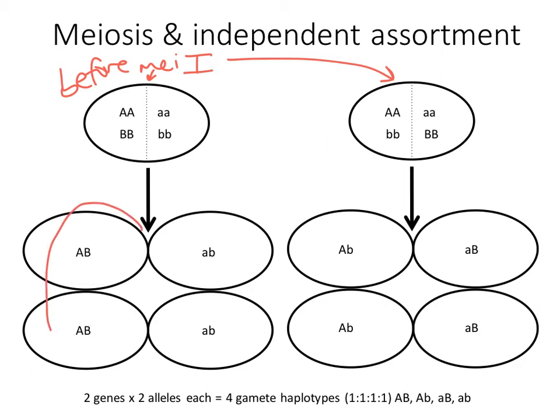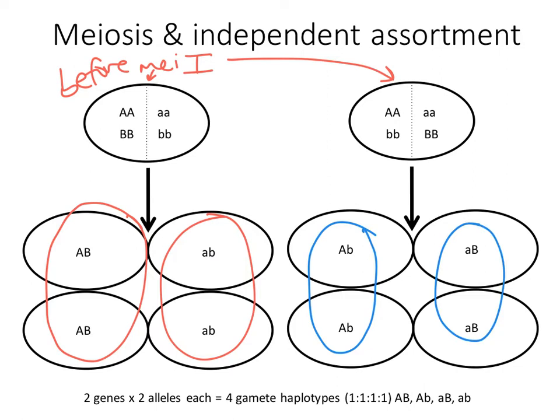So you either get big A's with big B's or little a's with little b's at the same time from the same meiosis, or you get big A's with little b's and little a's with big B's. So if we've got 2 genes, A and B, and each of those has 2 versions, capital and lowercase, that's 2 times 2, or 4 different possible combinations of alleles that will be produced by the gametes. And those 4 types will happen in equal frequencies. So you get 25% of each of those 4 different types.